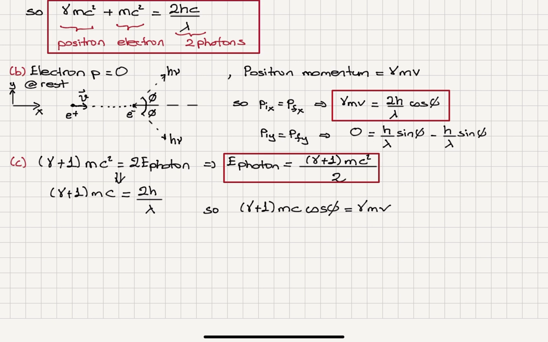So we can see that the masses will cancel here, and we will obtain cosine phi to be equal to gamma times v divided by (gamma plus 1) times c. Okay, now we know that gamma, the relativistic correction factor, is 1 over square root of 1 minus v square over c square.